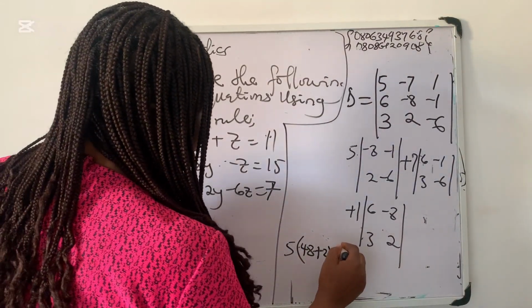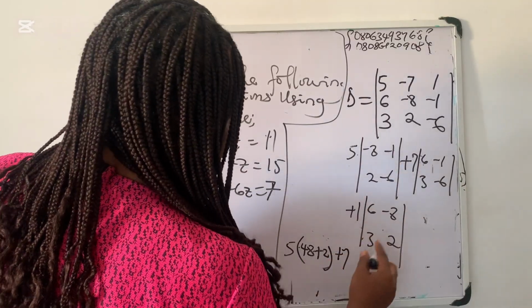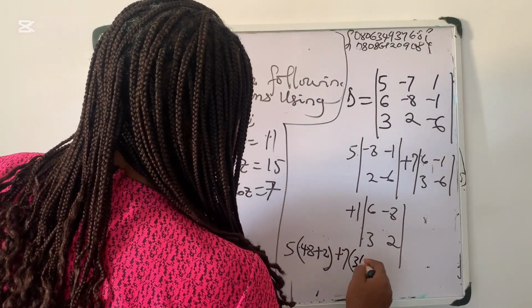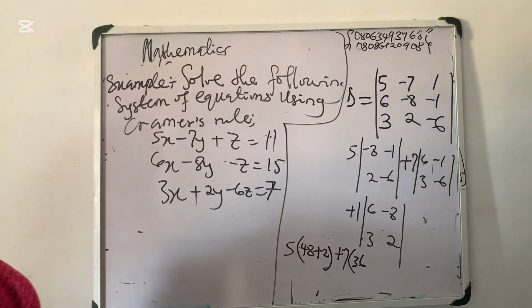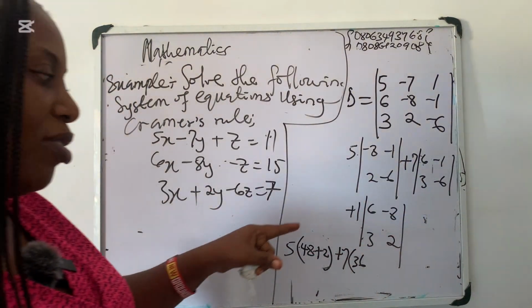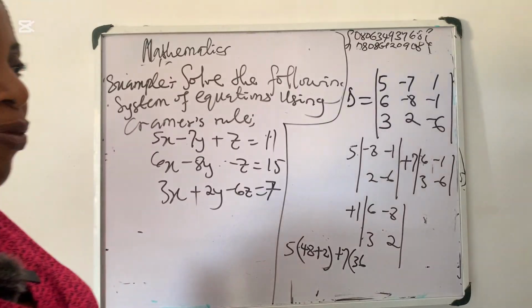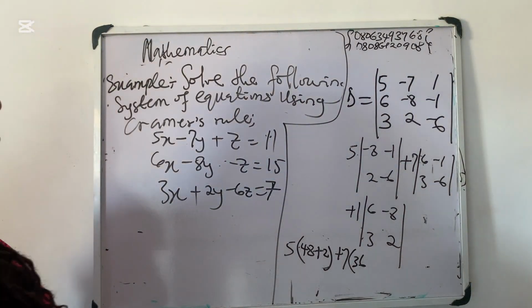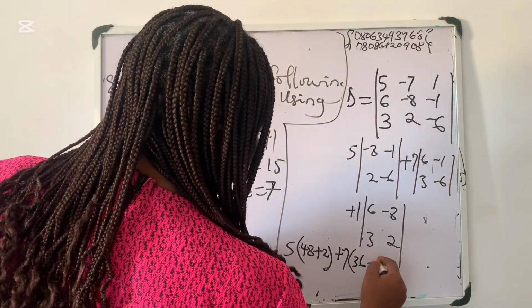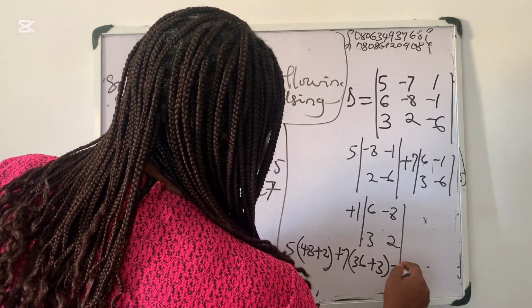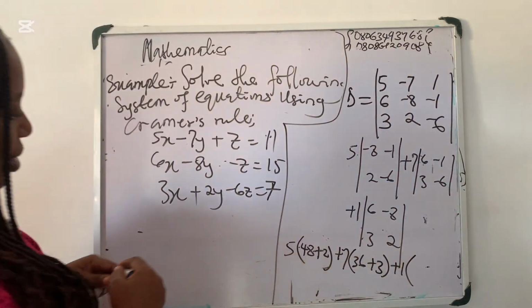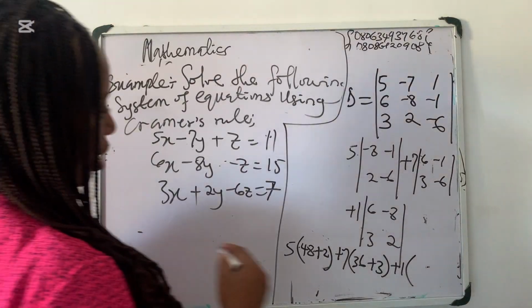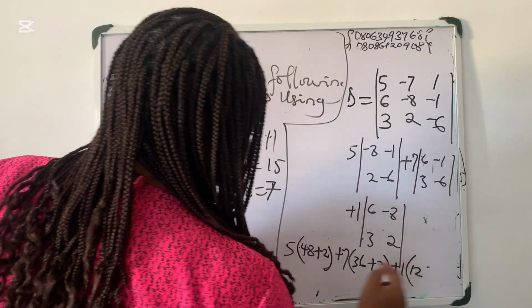You are done with that. Plus 7. 6 times 6 is 36. Minus 1 times 3 is minus 3. Remember, there is an already existing minus there. Therefore, minus times minus is plus. So we have plus 3 here. Then the next one, plus 1. 6 times 2 is 12.